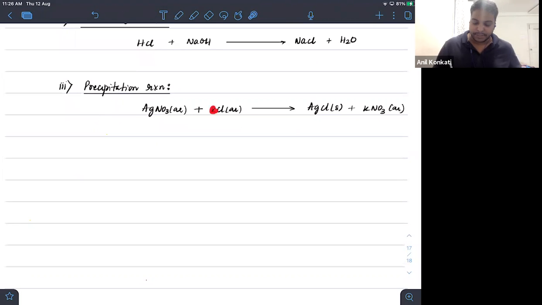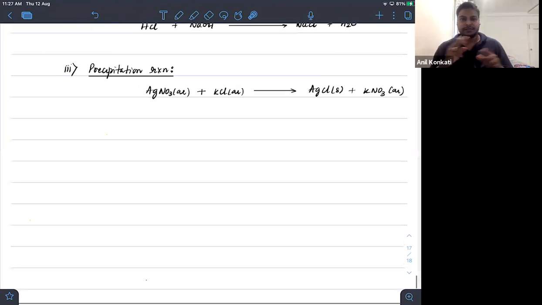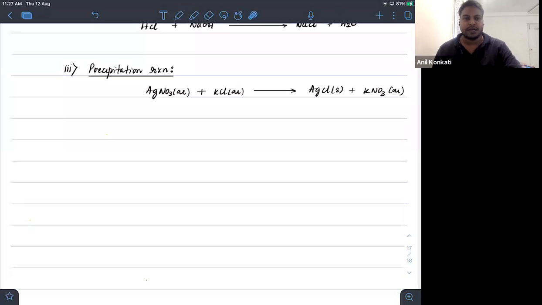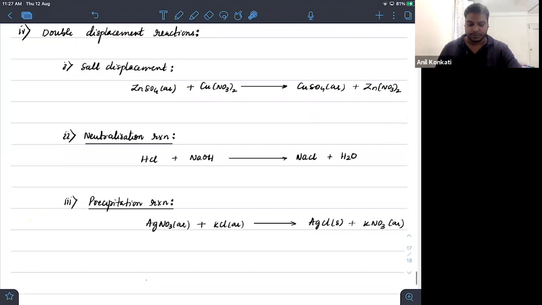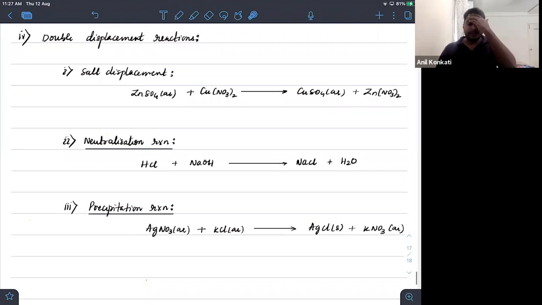So here K plus is replaced by Ag plus, correct? And Cl minus is replaced by NO3 minus. So double displacement is happening. This is called as precipitation reaction, which is also a part of double displacement reaction. Okay. Suppose you all understood that. What is double displacement? Make a note, everyone.